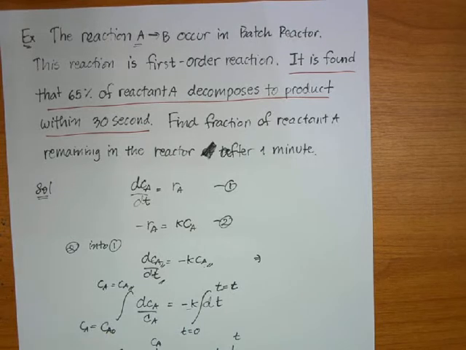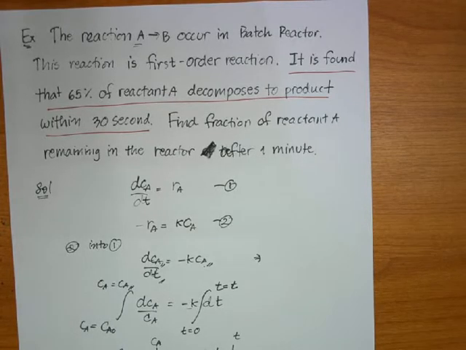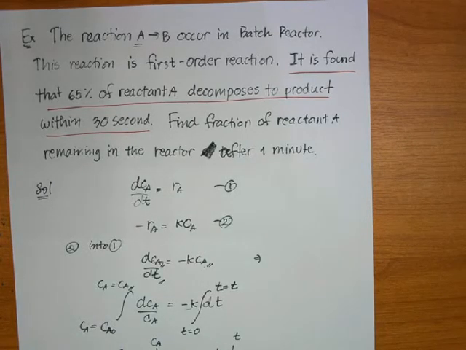If we put A in at T equal to 0, 100% into the reactor, and then at 30 seconds, we find out that 65% of A decomposed to be B. So the question is, what is the amount of A still left in the reactor?